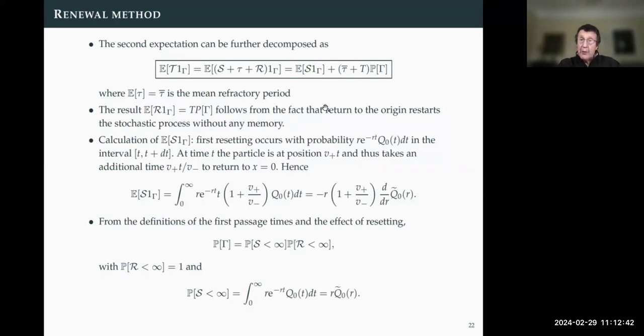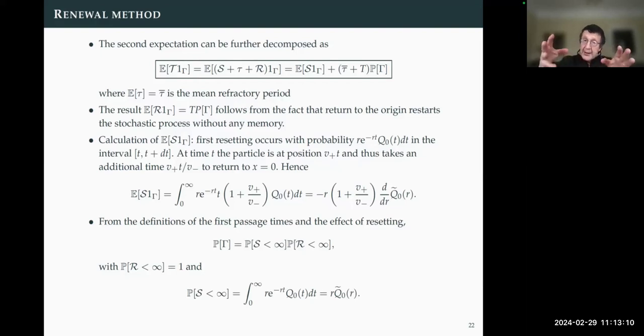But the main point I want to point out is that the final term of the top equation in the box is the expectation of R. And as I said, from the strong Markov property, that has the same statistics as the expectation of curly T. So the capital T in the boxed equation on the right-hand side is precisely the capital T on the left-hand side. So I've got an implicit equation for the object I want to calculate.